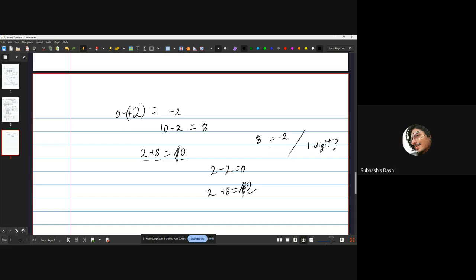Right? So in a system where we are unable to get any actual negative numbers, this is the next best thing. So we treat 8 as negative 2. And that way we can get negative numbers using positive integers.